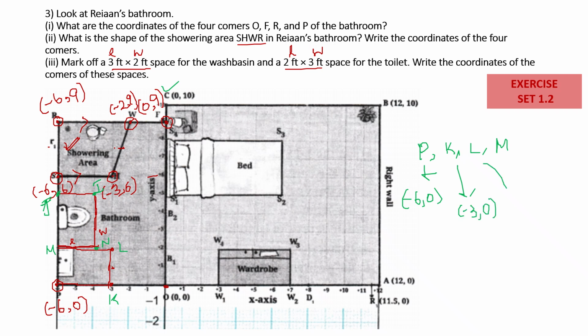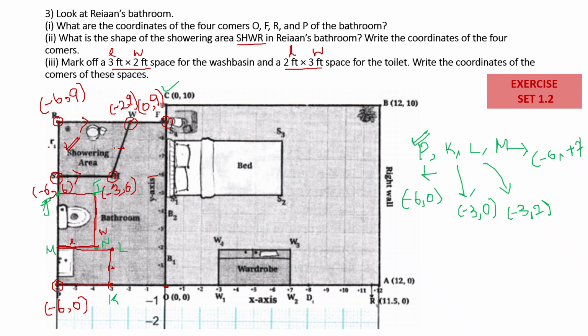And L is minus 3 comma plus 2, that means on the y-axis it is 2, right? So plus 2. And what about M? M is going to be minus 6 comma plus 2. So these are the corners of the wash basin area.